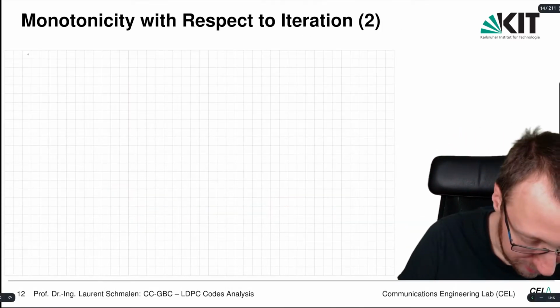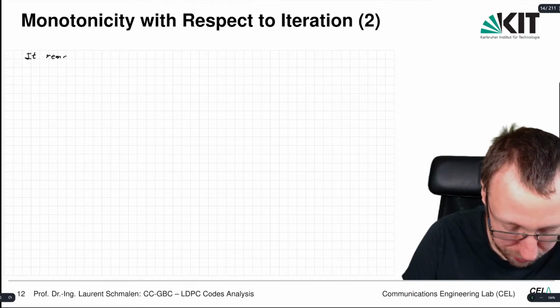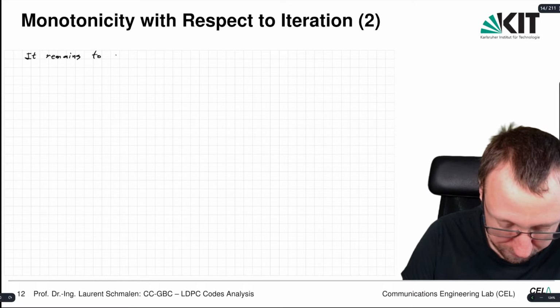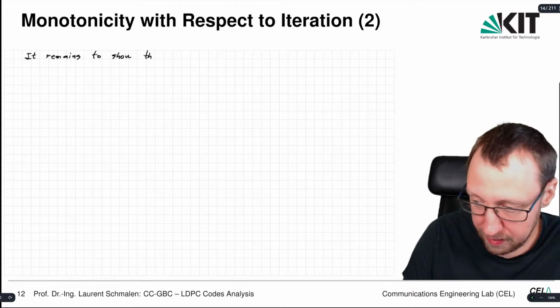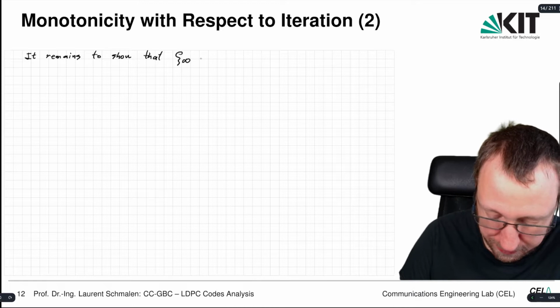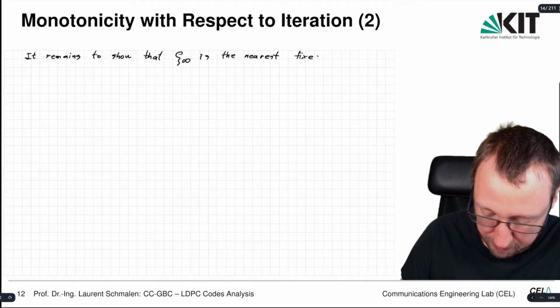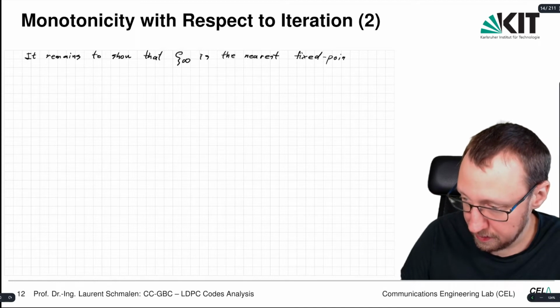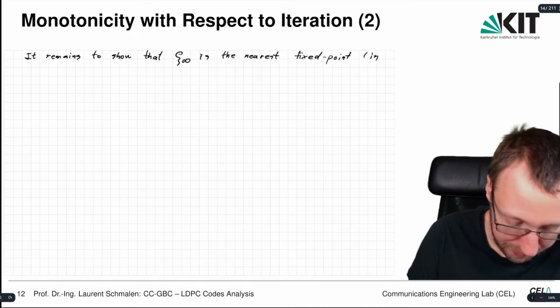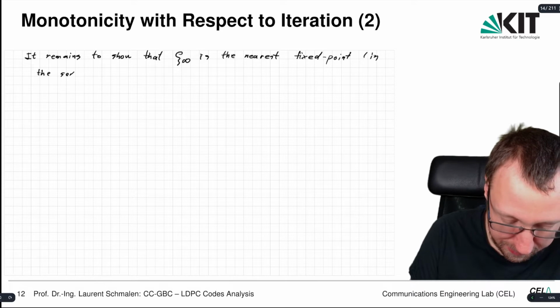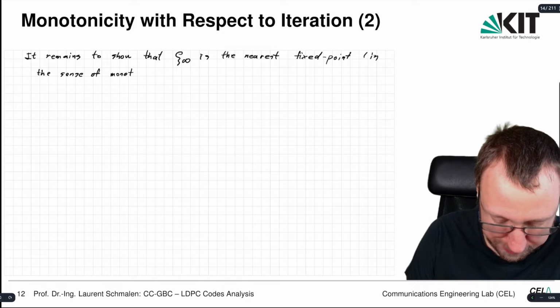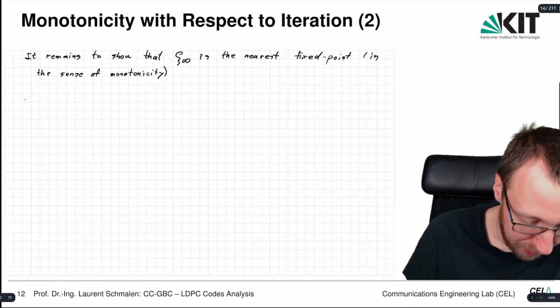So it remains to show that C_infinity is the nearest fixed point in the sense of monotonicity. So, how do we prove this?